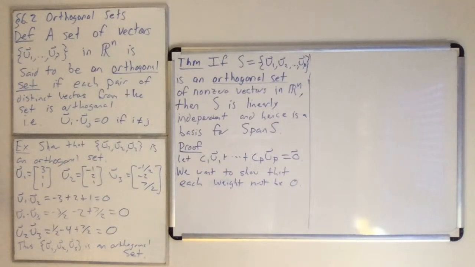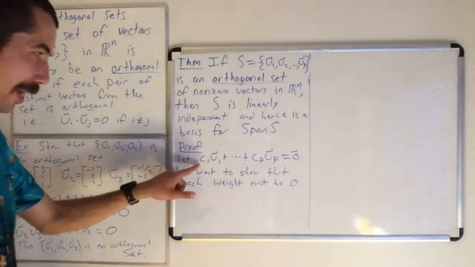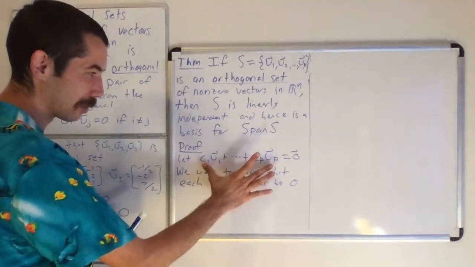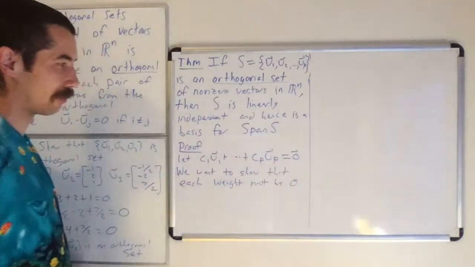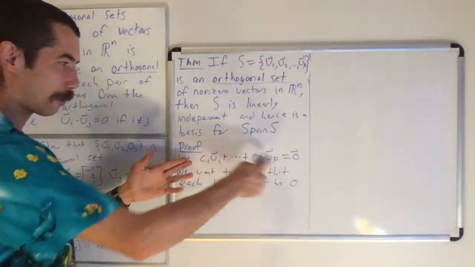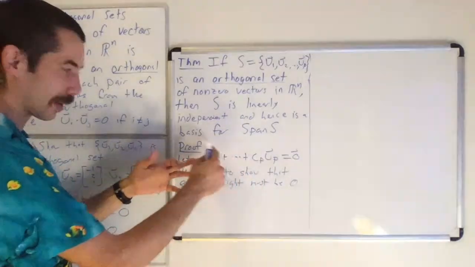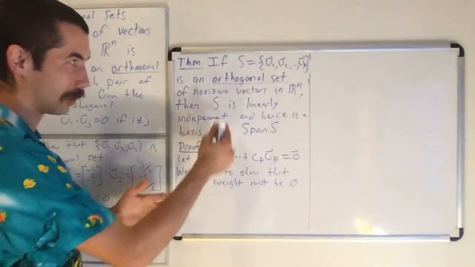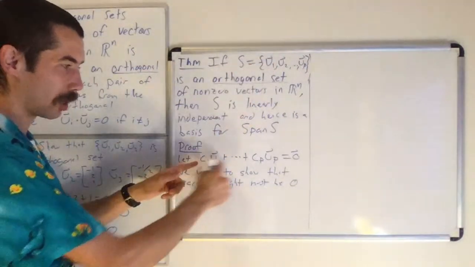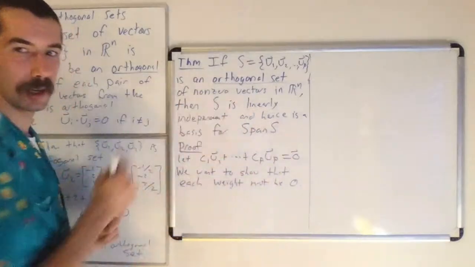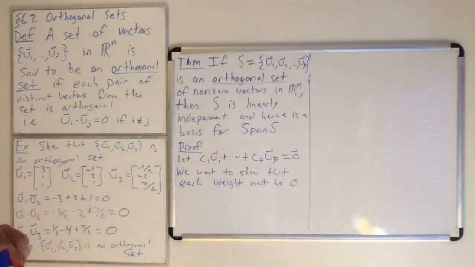So let's try to use that to our advantage. The left-hand side is some linear combination of vectors. The right-hand side is a vector. Let's just take this equation and take the dot product of it with u1. So we'll do u1 dotted with the left side equals u1 dotted with the right side.